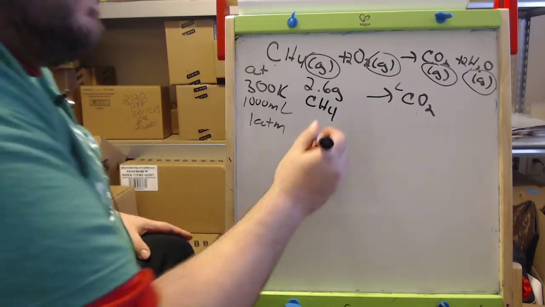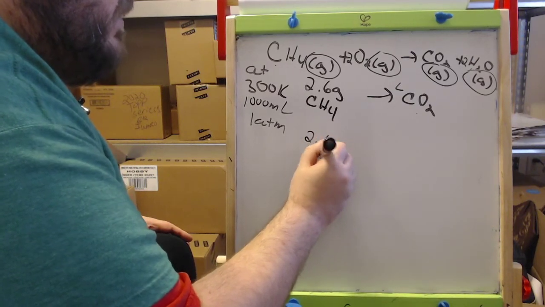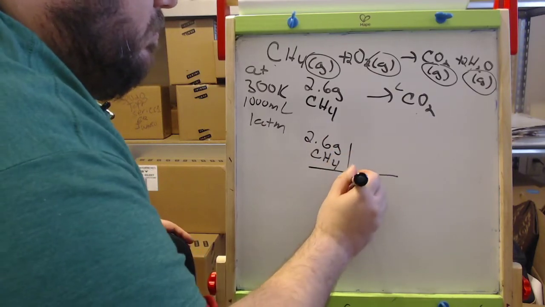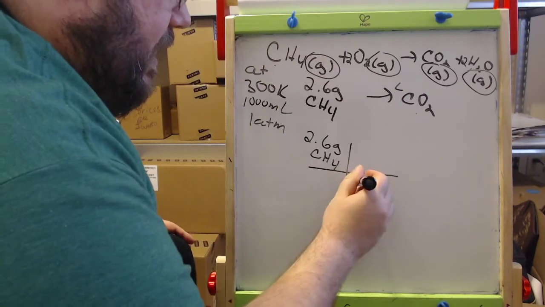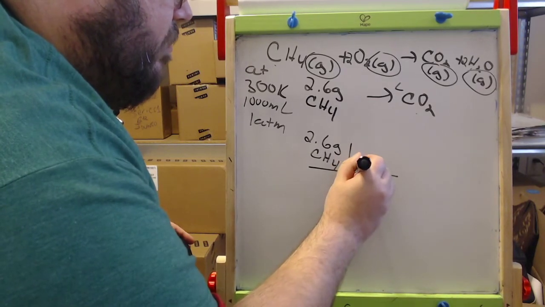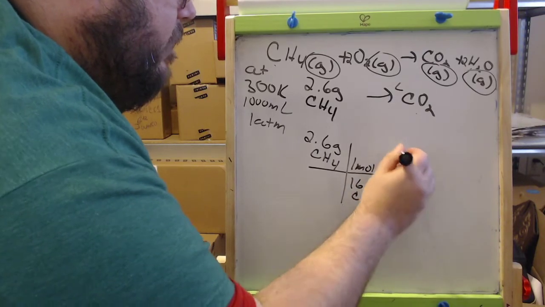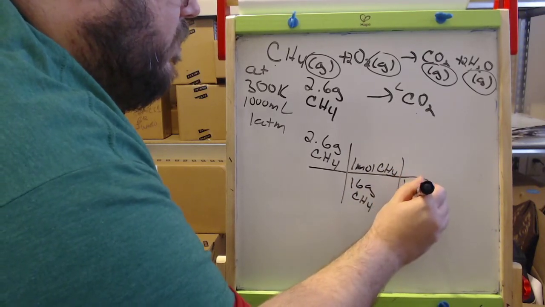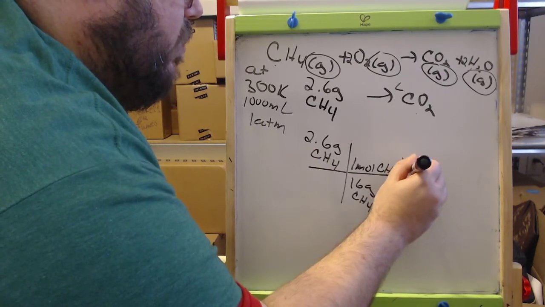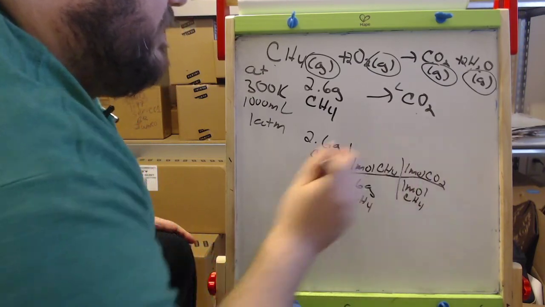Well, you do the same method. You start with 2.6 grams of methane. We figure out how many moles of methane we have: 16 grams of methane, 1 mole of methane. We look at our mole ratio. 1 mole of CH4 gives me 1 mole of CO2. But here's where we stop.